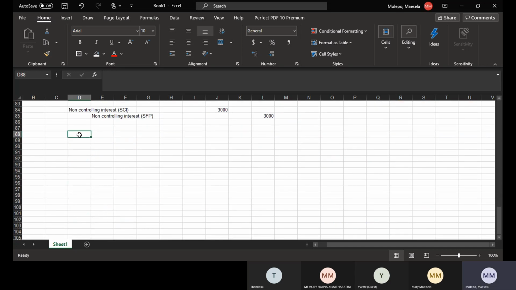So we're going to say on the debit side, because normally the dividend received becomes income. Now because we are eliminating them, we're going to put them on the debit side because we are taking them out.